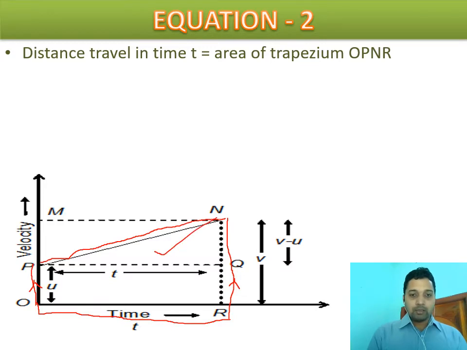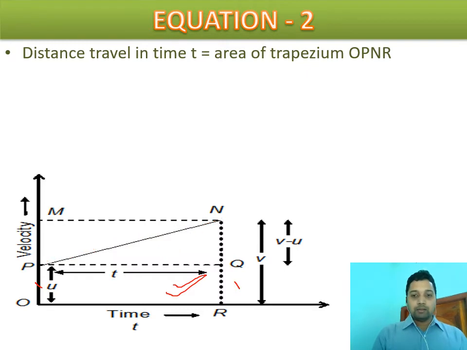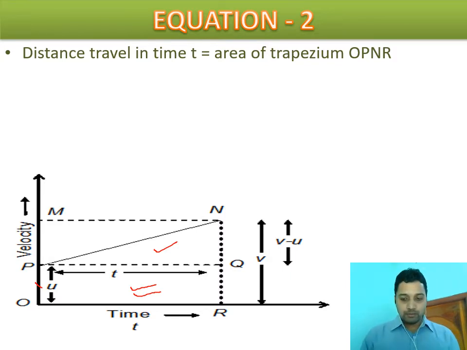One is the triangle PQN, whereas the second is a rectangle OPQR. So let's take one triangle and one rectangle and find their areas. First we'll take the triangle PQN and find its area, plus the area of the rectangle OPQR, and if we sum both these areas, we'll get the area of this trapezium.